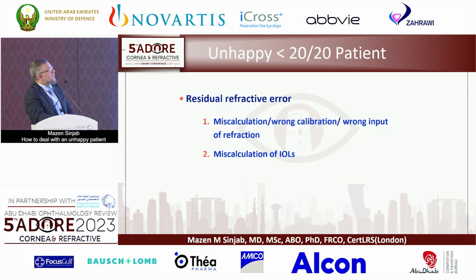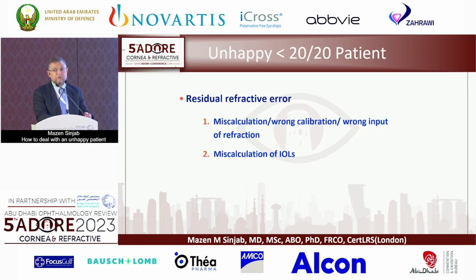Residual refractive error. We see that miscellaneous, a lot of reasons like miscalculations, wrong calibration of the machine, wrong input of refraction, especially in astigmatism. Sometimes the nurse may input plus instead of minus, or 180 instead of 190.